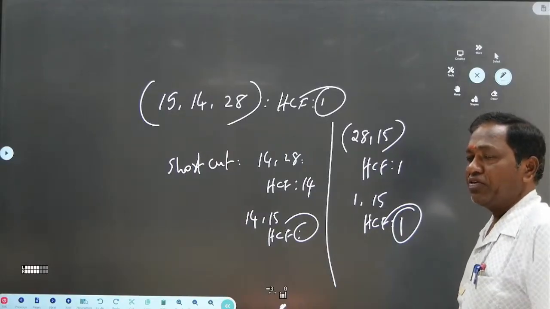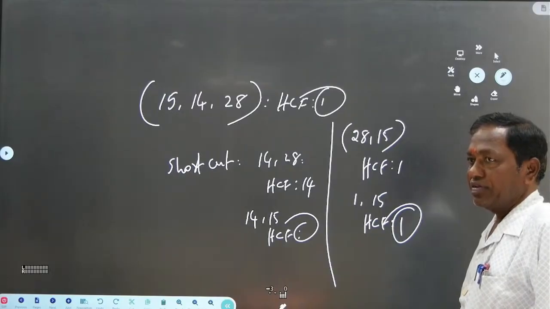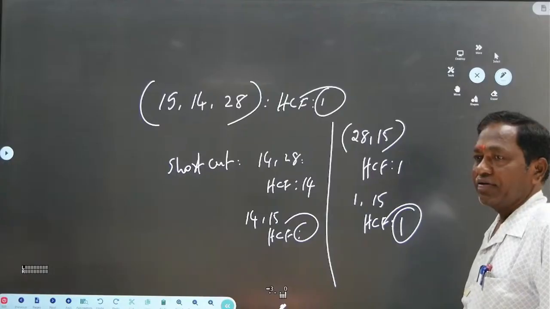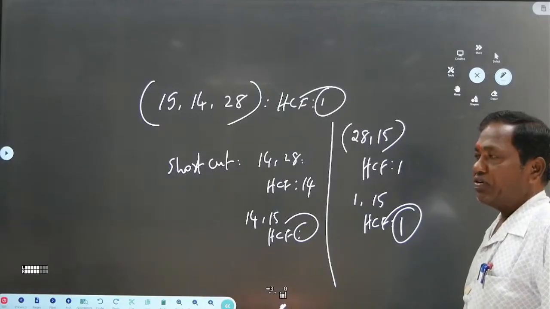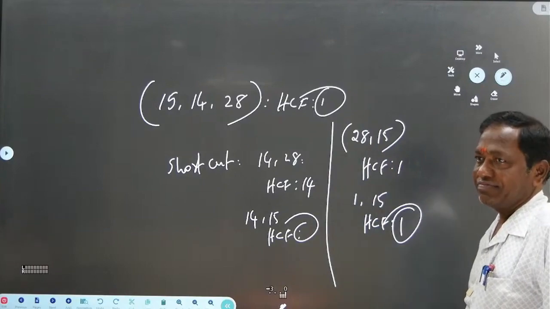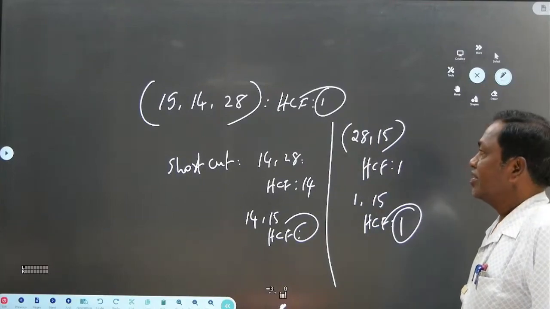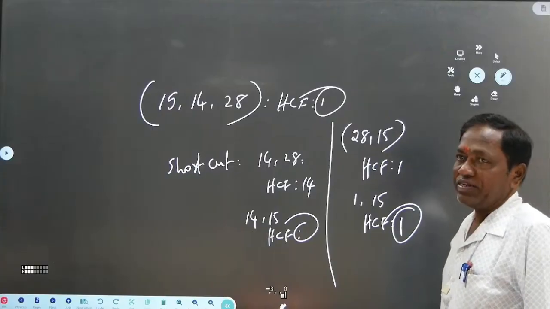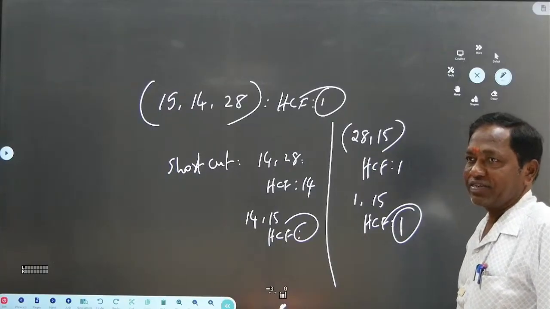You ask me, I will tell you. Give me one example, I will tell you that. First you have to see whether any number is a multiple of any other number. Okay, so this is the HCF. Wherever HCF is 1, those are called co-prime numbers.